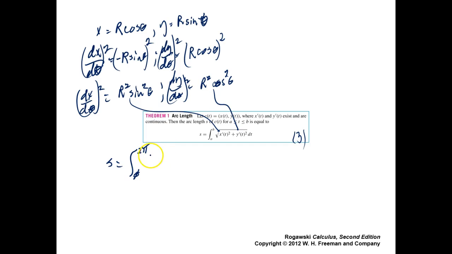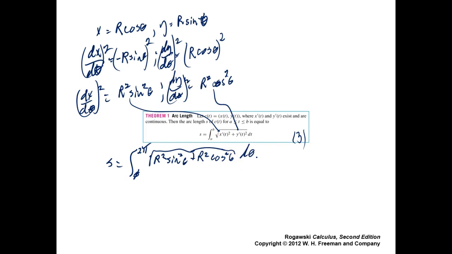All right. Then you're going to have the square root of your x prime squared, which is this thing, r squared sine squared theta, plus r squared cosine squared theta, and then we'll have our d theta.